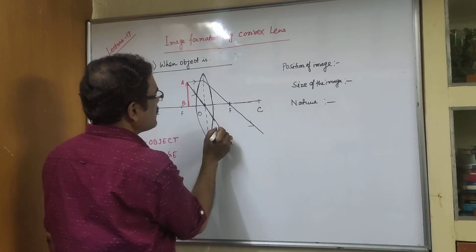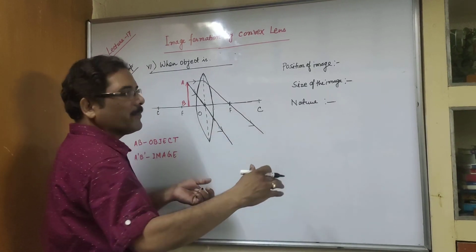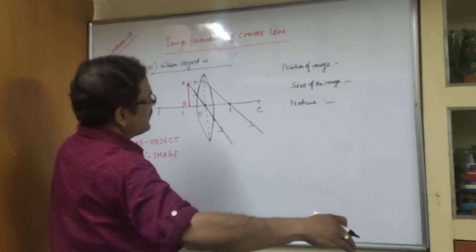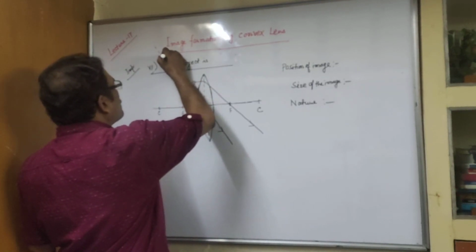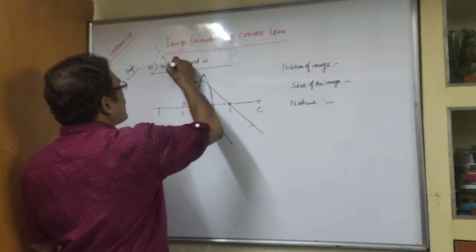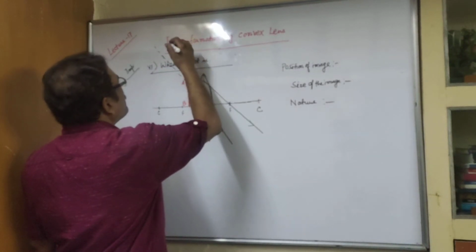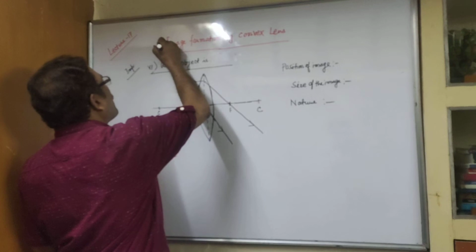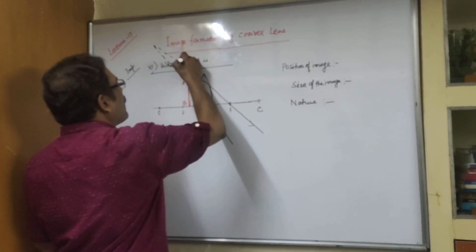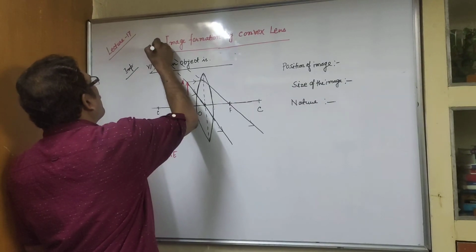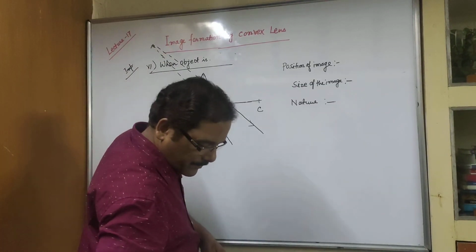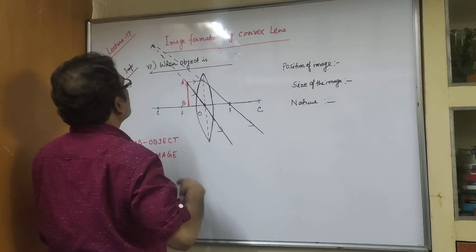So these two refracted rays are not meeting at a point, they are diverging, but when we produce the rays backward, they will meet somewhere and then they will form a magnified virtual image.